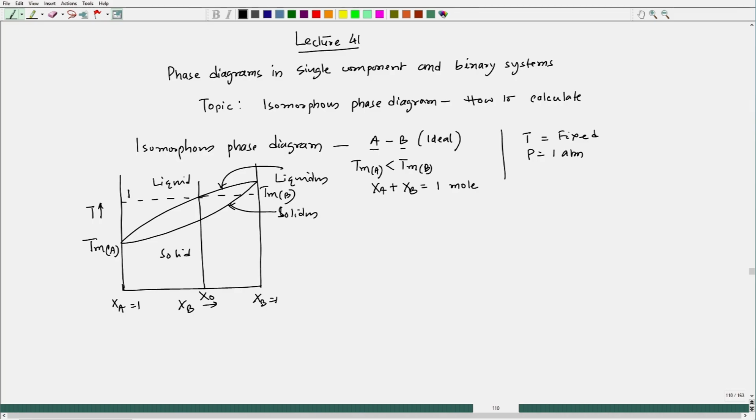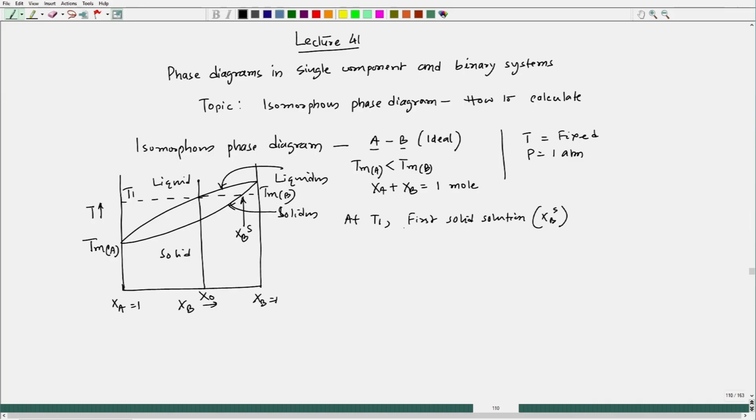At this temperature, let us say T1, if we start from a very high temperature, starting from complete liquid solution, at T1 the first solid solution of composition, let us say X B solid, would appear, and the rest would be liquid.